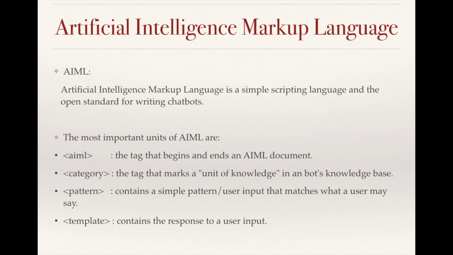So actually a pattern matching happens. Then comes the template. Template is nothing but the output that we are going to get from the chatbot. So what a chatbot has to respond to a particular input. The output that we get is called a template, that is the response for a user input.